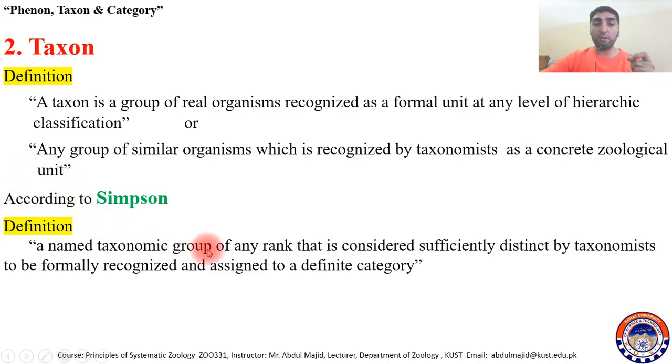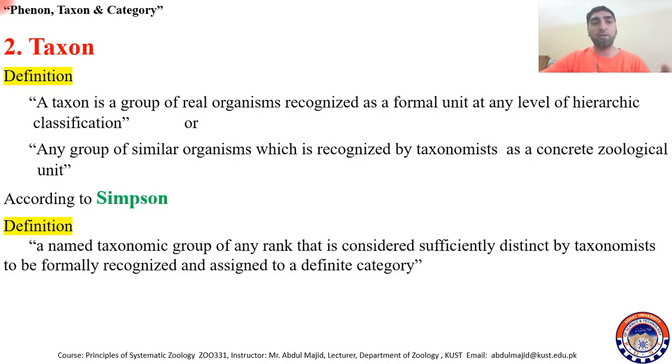So a taxonomic group is a group which is sufficiently distinct from other groups. Now mammals are very different from birds and birds are very different from fishes. So taxonomists formally recognized them. Like for example, all fishes are recognized as different from the rest of the animals and they are placed in a different category, like fishes or Pisces. And birds are placed in their own category.